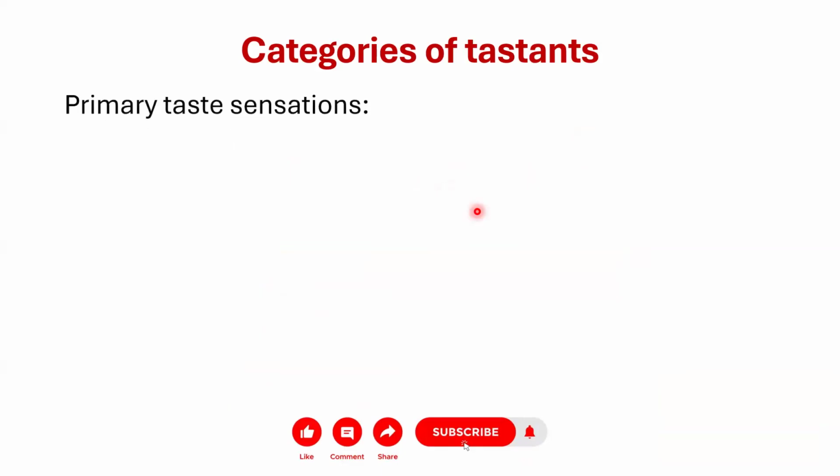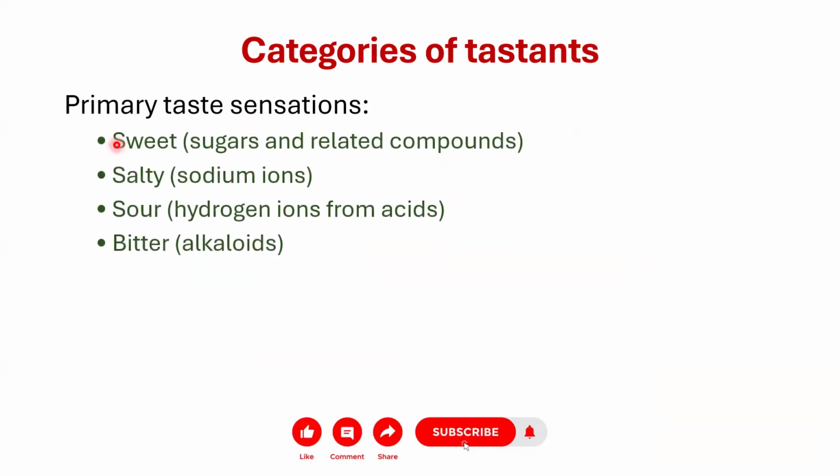So what are the various categories of taste buds? There are about 5 of them. We have sweet for sugars and related compounds, salty for sodium compounds, and then sour for compounds or foods that contain hydrogen ions, for example, from acids.